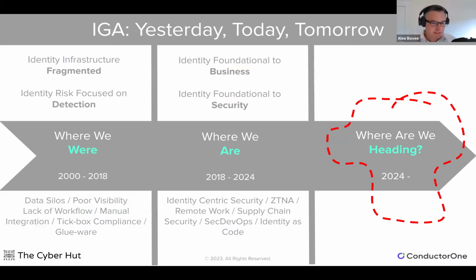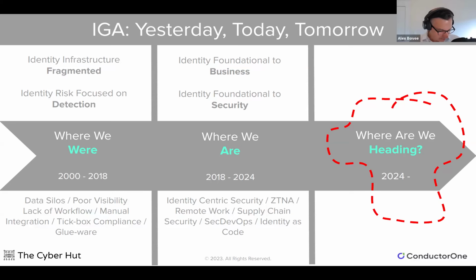I think the other thing too is that despite where we were, the idea that identity was fragmented in the past, you made this comment, it still might be. We see the exact same thing with companies today. Everyone's on their own journey around consolidating to a single directory, or at least understanding the inventory of identities across human users, contractors and service identities, and an automation journey across access control and lifecycle, and across privilege management.